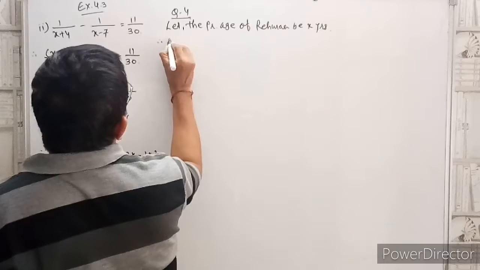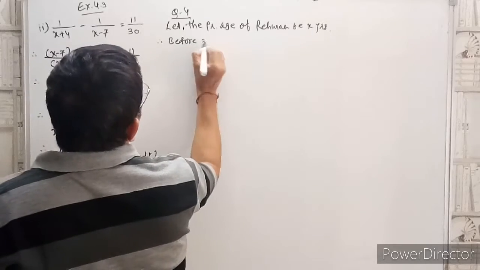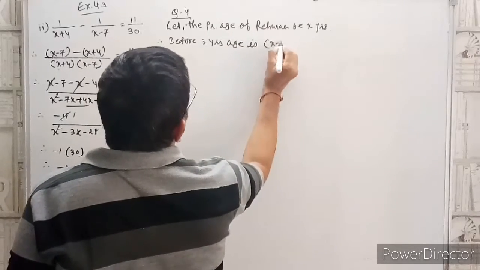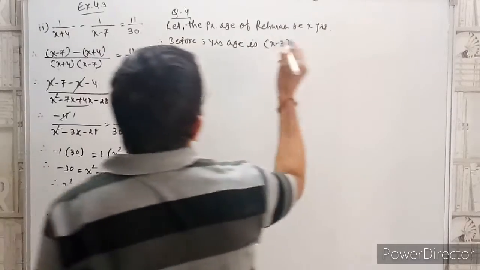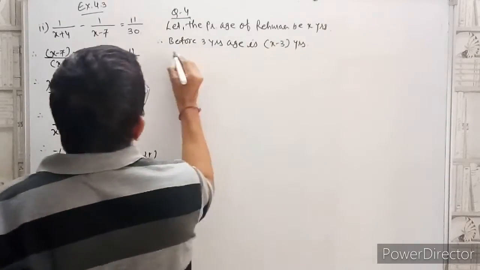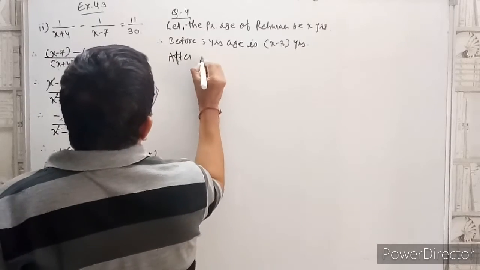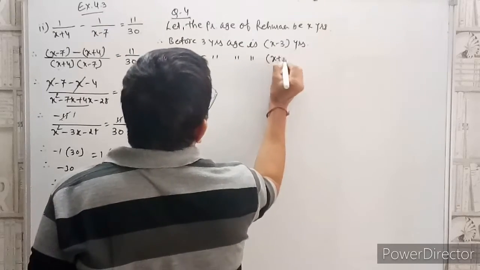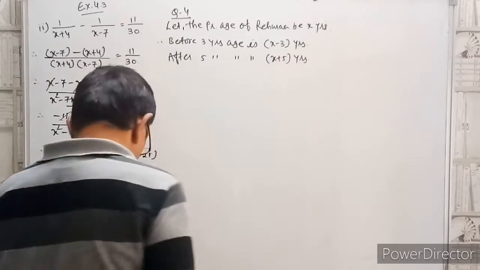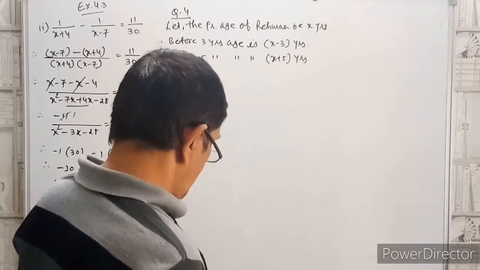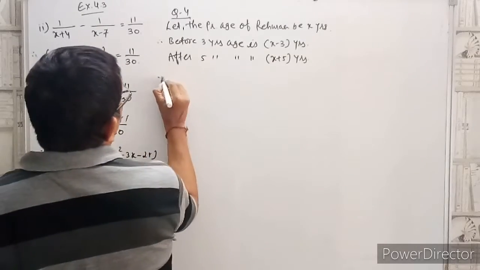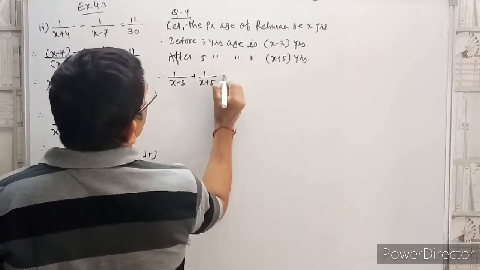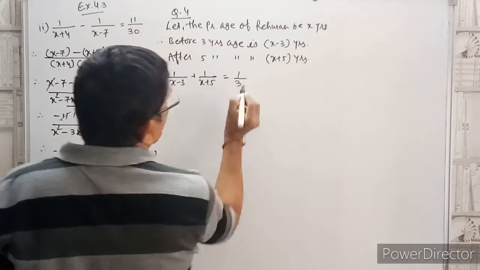So therefore before 3 years age is, present age is x, so before 3 years it will be x minus 3 years, and after 5 years his age will be, okay, it is x plus 5 years, and the sum of the reciprocal of these two, so it is 1 upon x minus 3 plus 1 upon x plus 5 is equal to 1 upon 3.